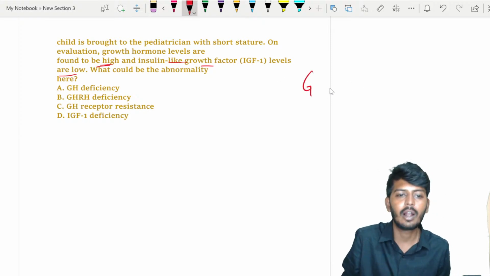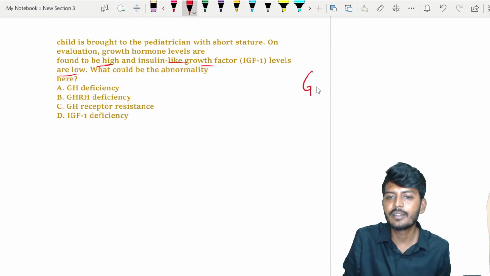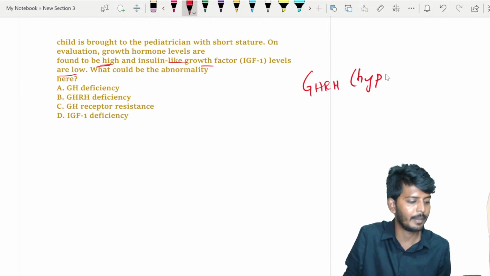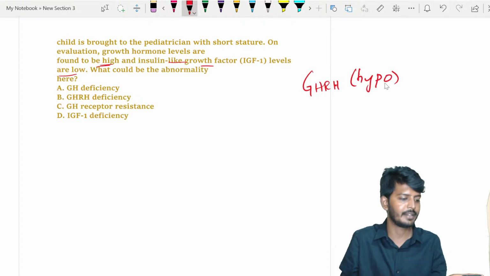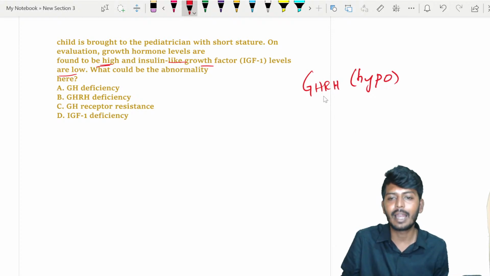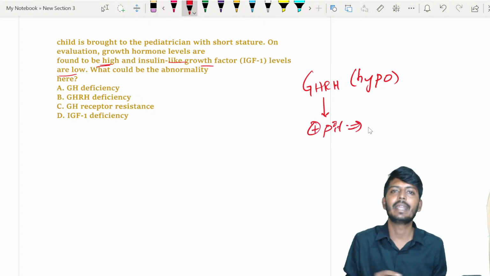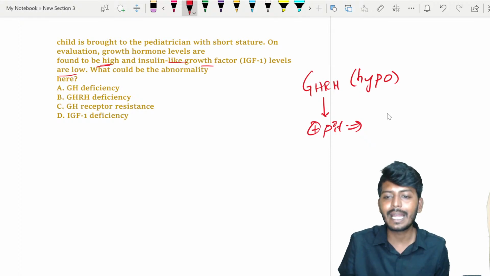Normally, you have growth hormone releasing hormone coming from your hypothalamus. This will stimulate your pituitary gland, and the pituitary gland, my dear students, will go and produce growth hormone.